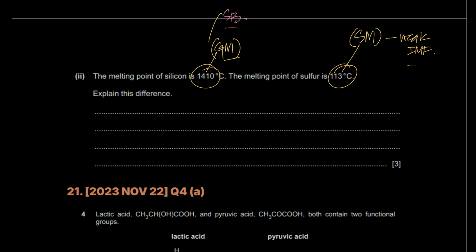You tell the examiner, hey, silicon is a giant molecular structure. It's a GM with strong covalent bonds. I'll not write it completely. You guys can do it on your own. Whereas, hence, more energy is required to, please always talk about energy.